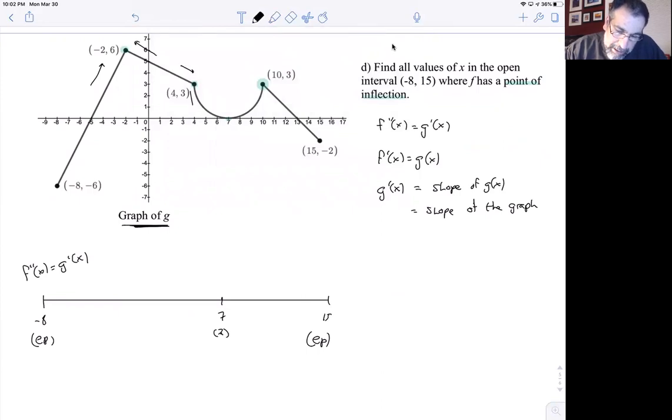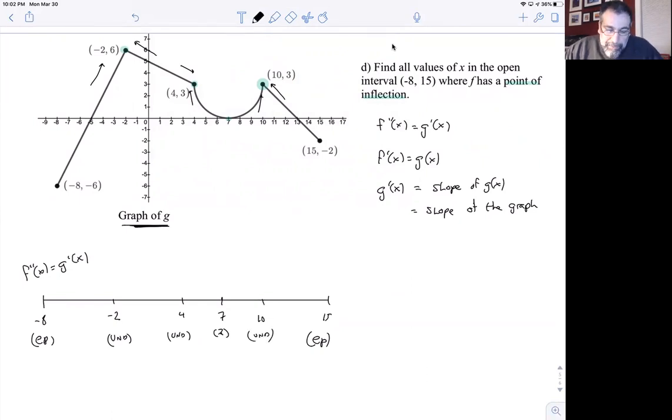And you can see that in all of these cases, the slopes coming from one direction do not match the slopes coming from the other direction. That leads to undefined slopes in each of these cases. So we've got that the slope is undefined at -2. We've got the slope is undefined at 4. And we've got the slope is undefined at 10.